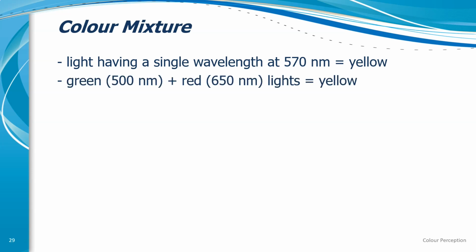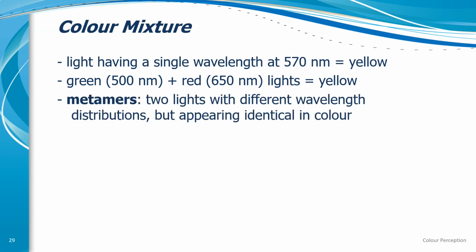But then, if we have two other beams of light, one that's green and one that's red, and you overlap them and shine that into a person's eye, they will see that as yellow. In fact, it's going to be identical to the first yellow. They are indistinguishable. Their underlying physical components are different, but they are seen as being identical.